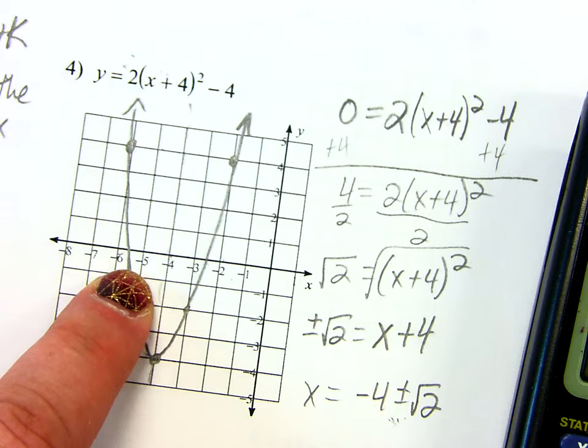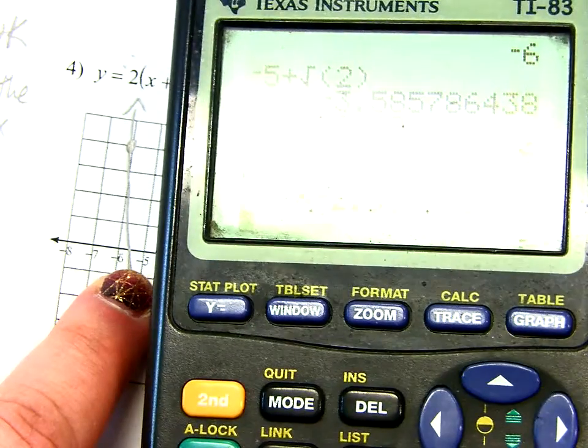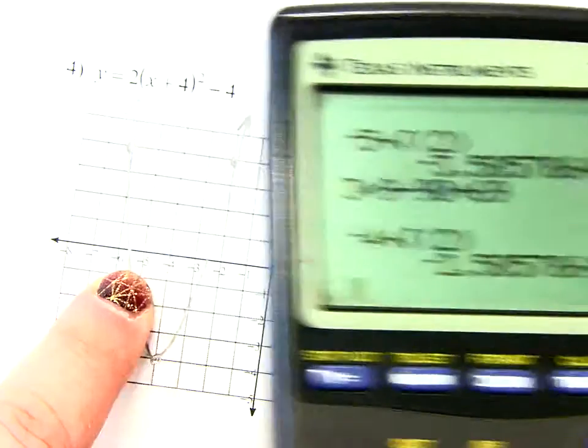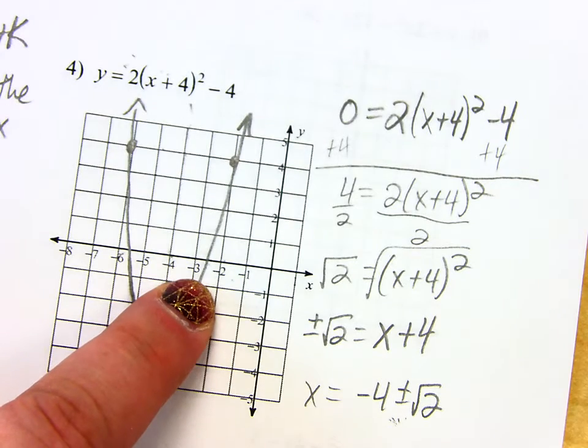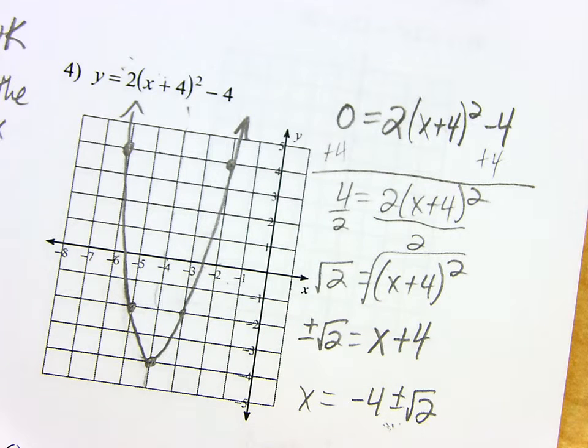So -4 plus the square root of 2. Well, what do you know? -2.58, and so on. So there it is, in between -2 and -3, but that is my exact answer. So I know exactly where that thing is crossing the x-axis. It's at -4 plus root 2.